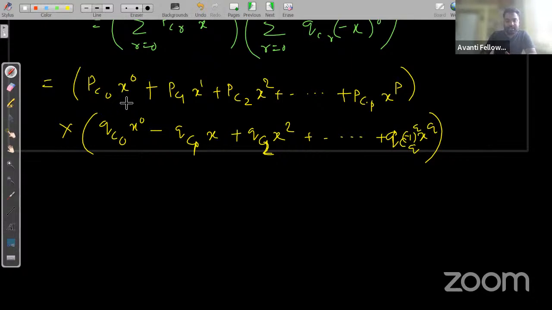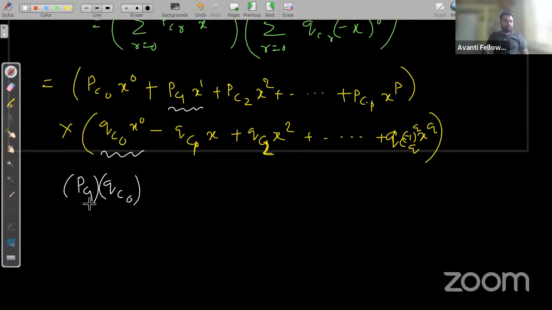Here we have x to the power 1 and here x to the power 0, so by multiplying these two we get the coefficient of x: pC1 into qC0.